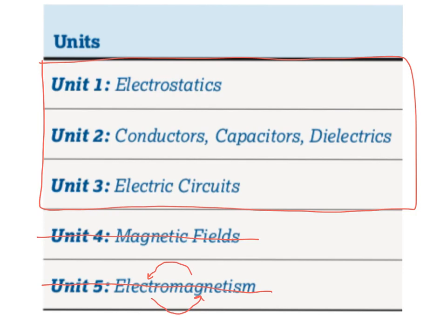So that means we're done with this. We did this one, and we are almost done with electric circuits. So there are 2 things that we are going to do with these in class. We are going to do a lab.